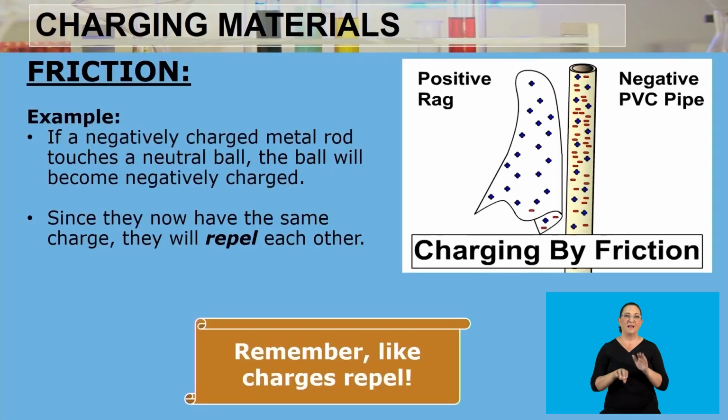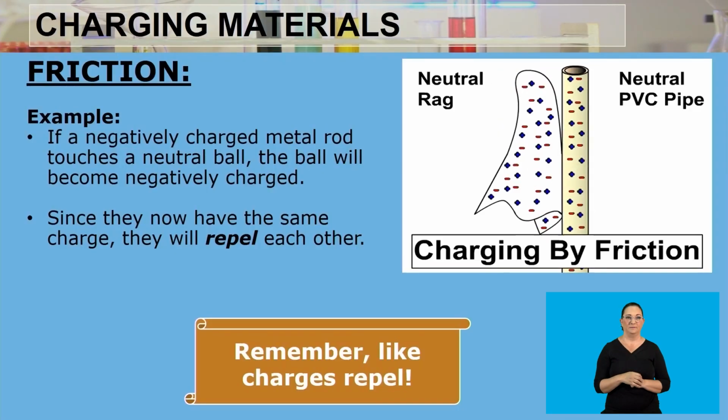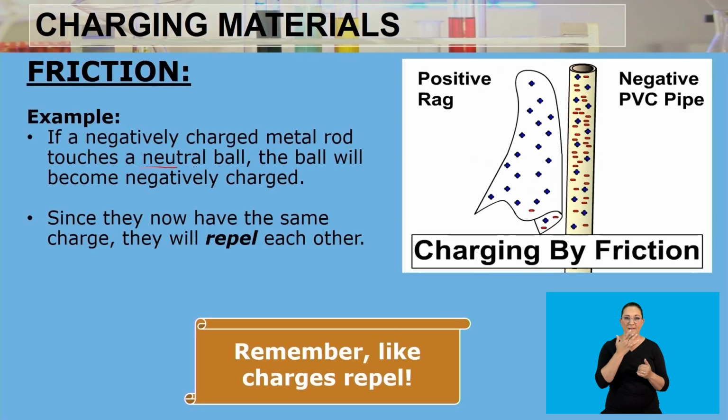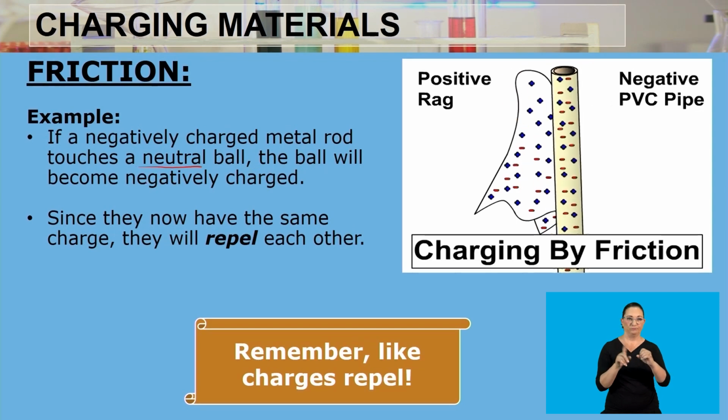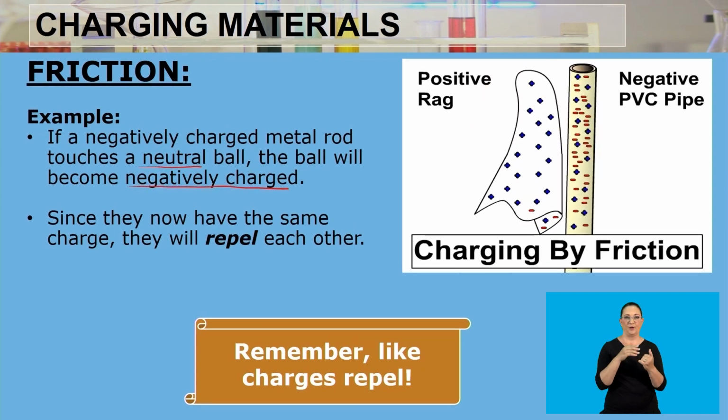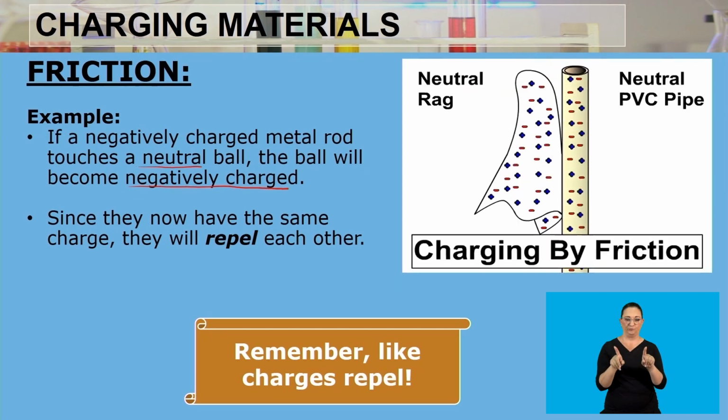Now, for example, if a negatively charged metal rod touches a neutral ball, then the ball will become negatively charged. The ball was neutral and the metal rod was negatively charged. When those two substances were brought into contact with each other, the ball took on the charge from the metal rod because the metal rod was negative, and now the ball will also be negative.